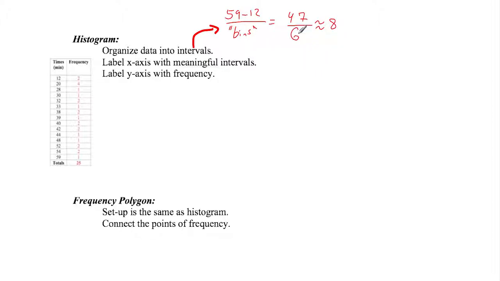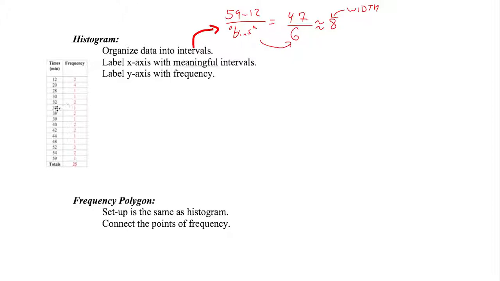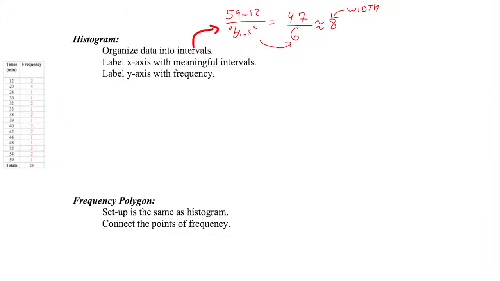But if I say, all right, I'm going to make 6 bins, and that means that the width is going to be 8. So each interval is going to be covering a distance of 8 values that I can dump these into. So what I want to do is to actually break this up into little groups.